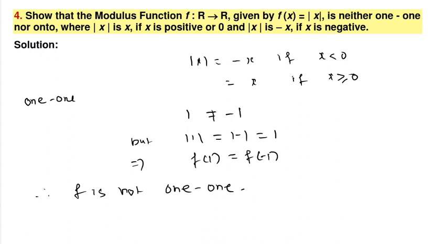For onto function, f of x equal to mod of x is equal to minus x if x is less than 0 and plus x if x is greater than or equal to 0.